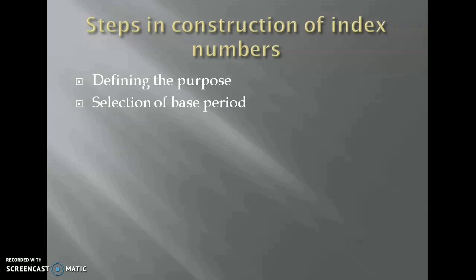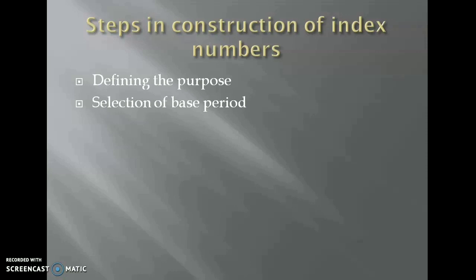The second one is selection of base period. Base year, you already studied that, isn't it? Usually the index for the base year is always 100. While selecting the base year, we have to keep in mind several points. The first one is that the base year should be economically stable.